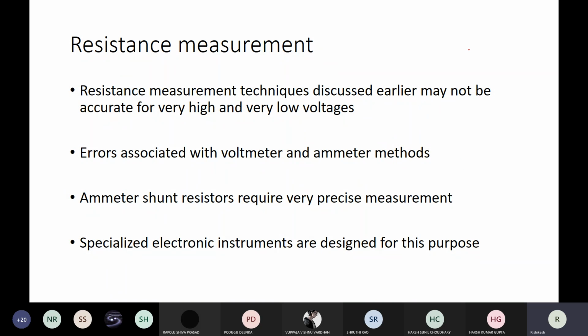But those approaches are not always feasible, and why they are not feasible we'll also discuss. Some specific techniques designed only for resistance measurement will be discussed today.